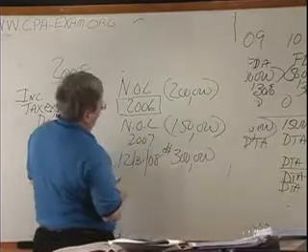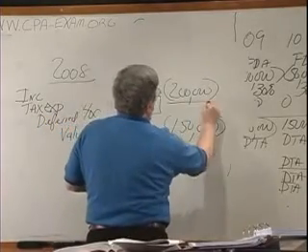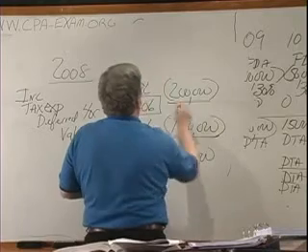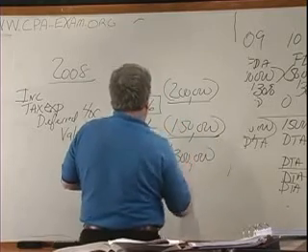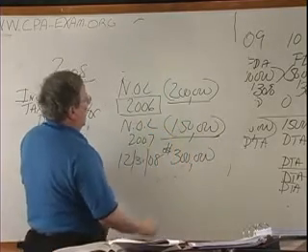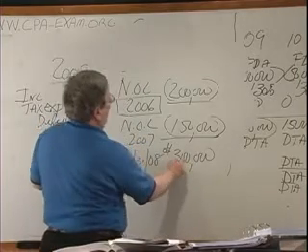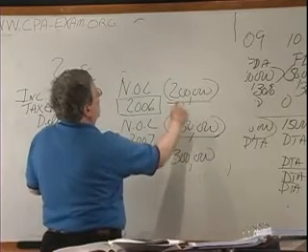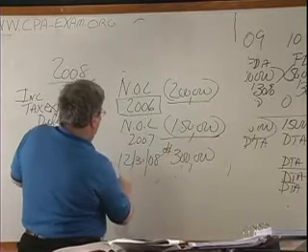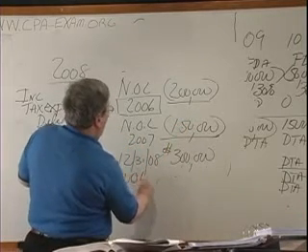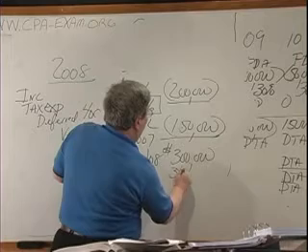Now, what are we going to do here? We're going to take our net operating losses and carry them forward against our taxable income for 08. Our taxable income is $300,000. Our net operating losses are $200,000 and $150,000, so our net operating losses are $350,000.